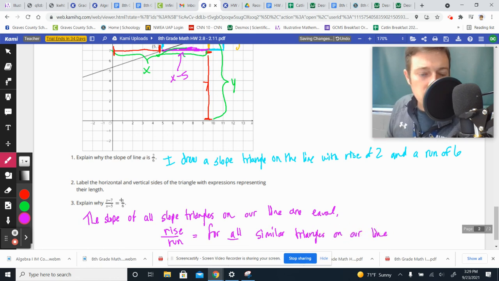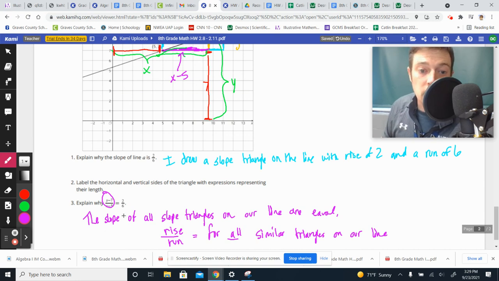But all they're doing is they're setting up the slope of the one that we wrote expressions for equal to the slope of what we know the line is, because it's rise 2 over run 6. And so these should be equivalent to each other. And you can say something along those lines of the things that I wrote down at the bottom, or you could even say that this is the equation that says that they're proportional to each other.